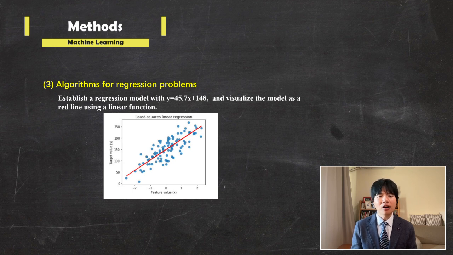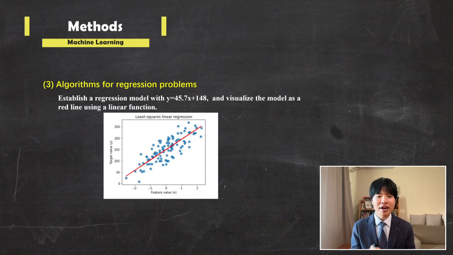We've already learned about the k-nearest neighbors algorithm and the decision tree algorithm, both of which address classification problems. Next, let's look at an algorithm for the regression problem, linear regression. Look at this chart with 100 blue discrete data points.